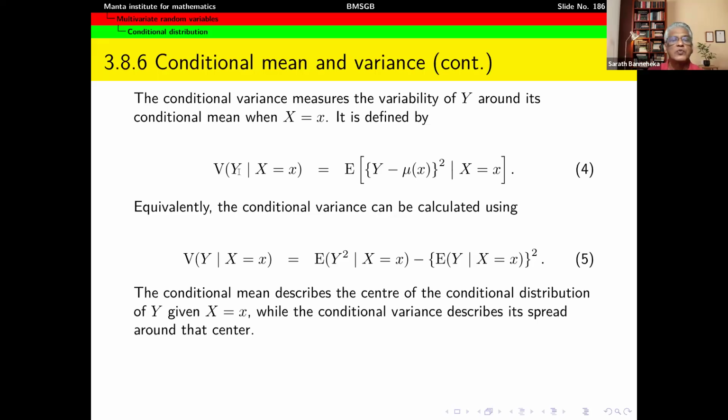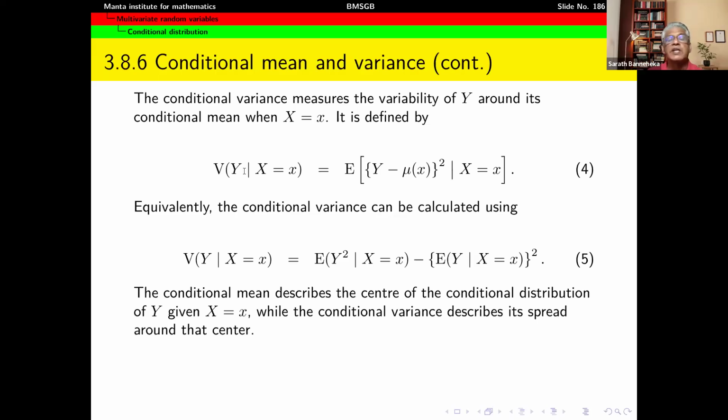So therefore, the variance of y given x equal to the fixed value, by the usual definition, is going to be the expected value of y minus the corresponding mean of y when x is equal to that x, squared, right? And equivalently, we can also get the expression using again a well-known formula.